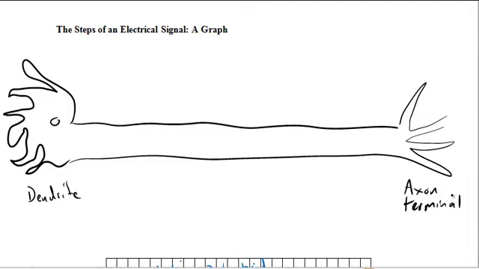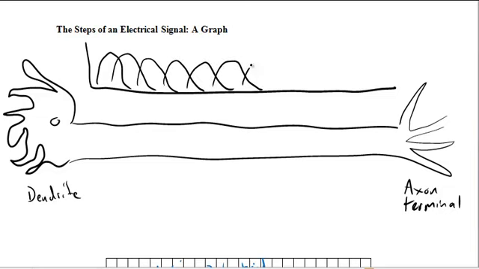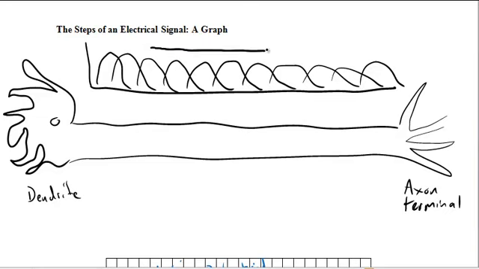If you actually graphed this going along the neuron, you would see it's a series of overlapping action potentials as each successive sodium channel followed by potassium channel opens. You'd see this traveling. Action potential after action potential, and they look identical. That was poor drawing on my part. And that would essentially be the electrical signal traveling along the neuron.